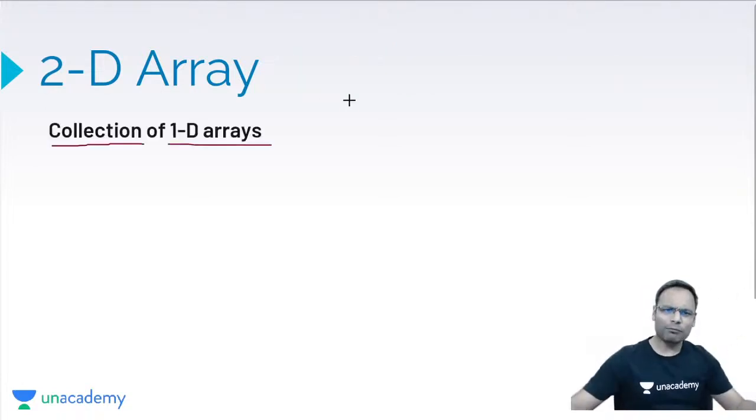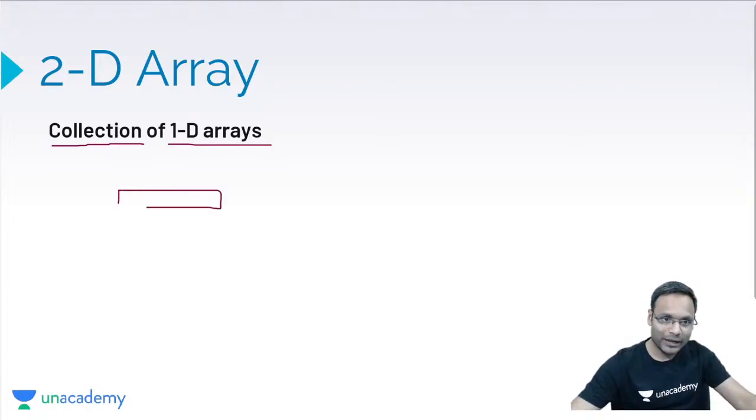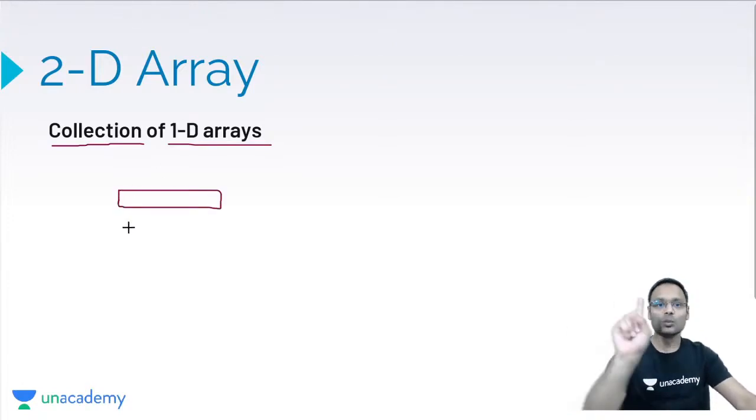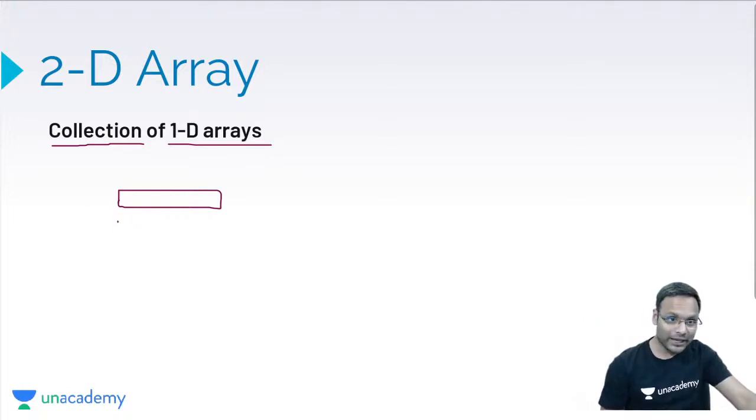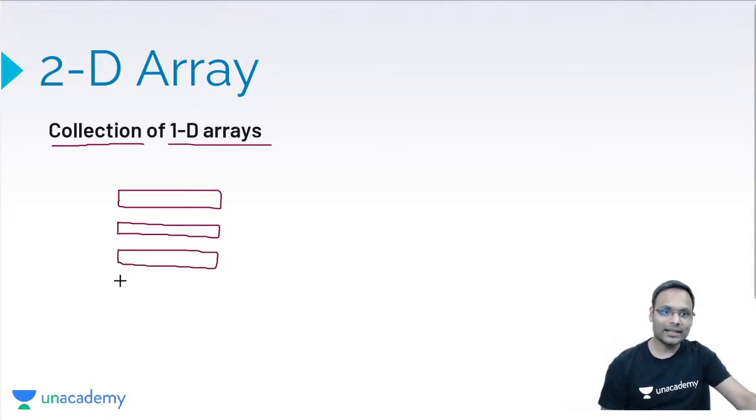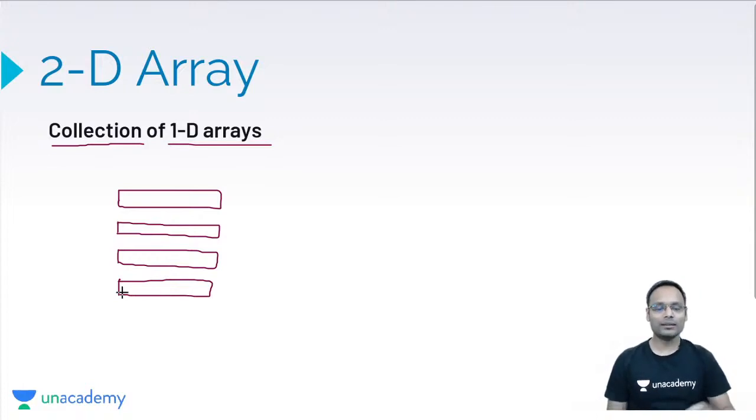But before that let me explain you this collection of 1D arrays. If we have one dimensional array, collection of elements, this is one array. If you take such kind of multiple one dimensional arrays, that is your two dimensional array. Simple, right? Got it? Understood? ये हो गया आपका 2D array.